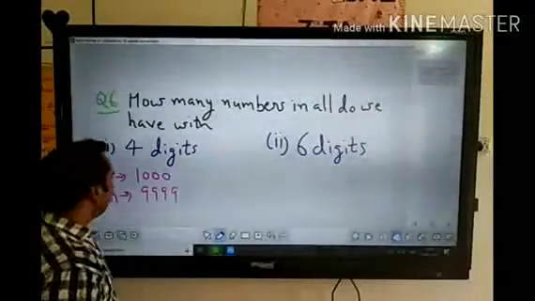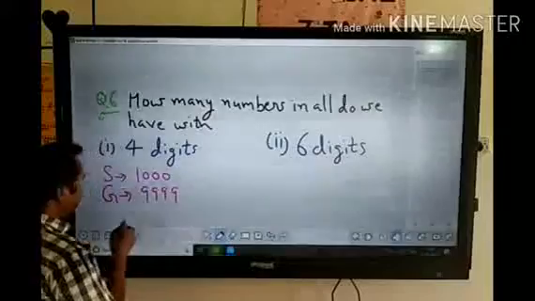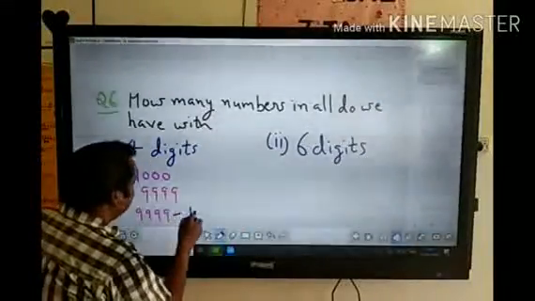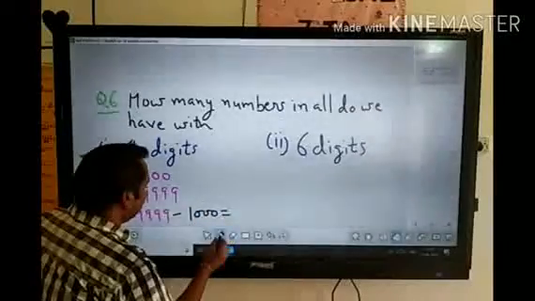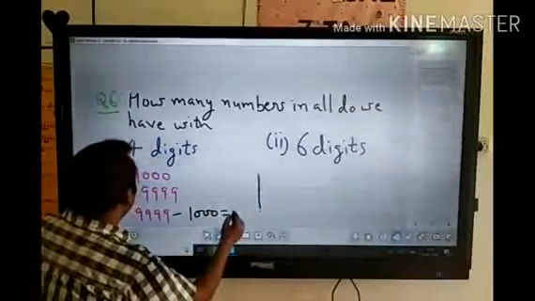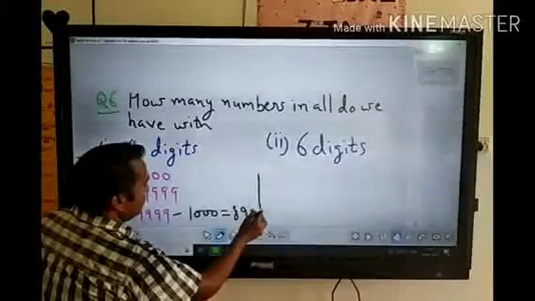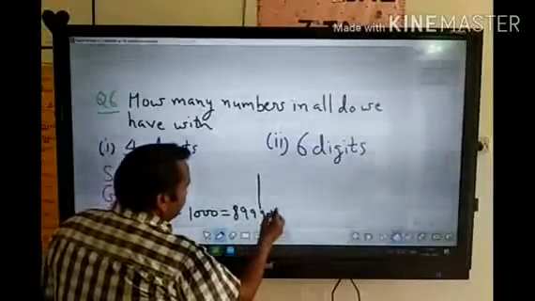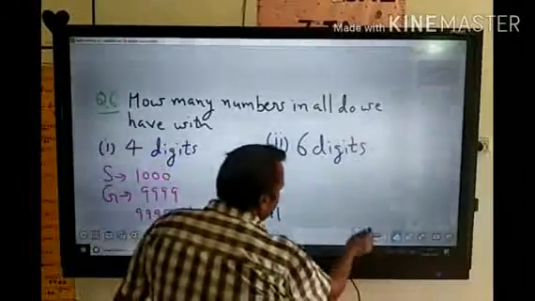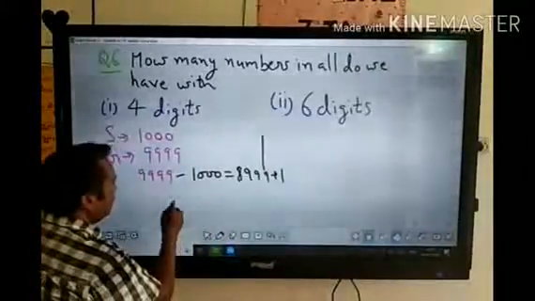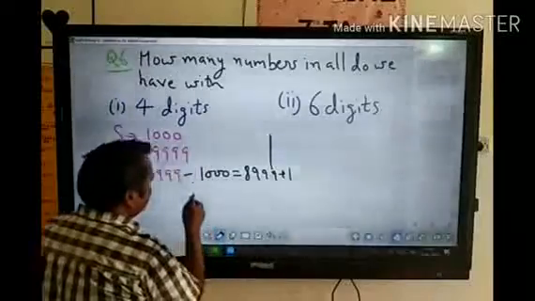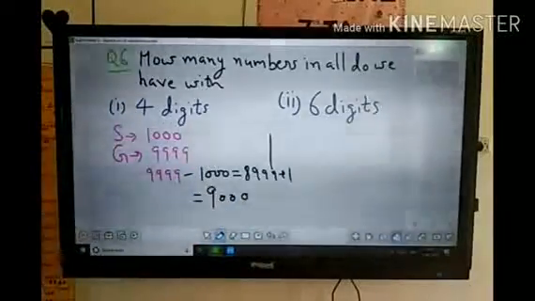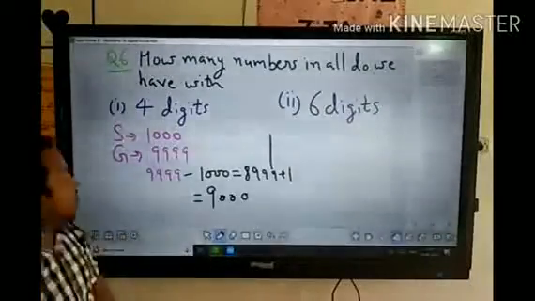In order to find their count, we will subtract them, and add 1. And this is the answer. So here are 9,000 4-digit numbers.